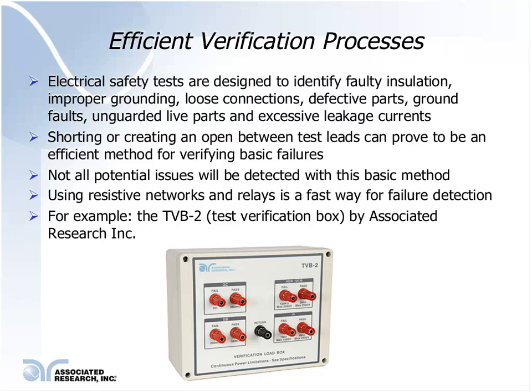One such device that can be used, that is very efficient in use for verification processes, is the TVB2 test verification box by Associated Research, shown in the picture in the bottom of this page. What this box essentially is, is a series of resistors designed to draw a specific amount of leakage current.